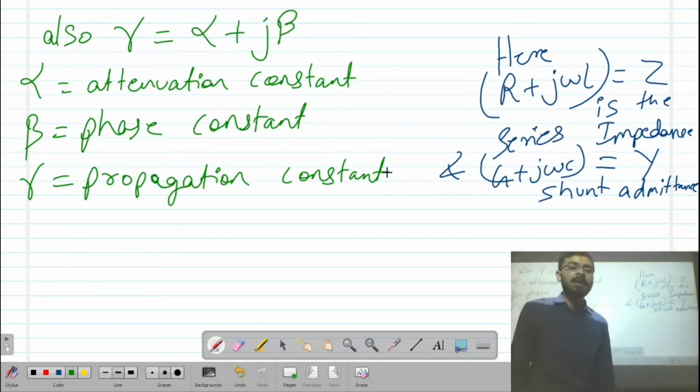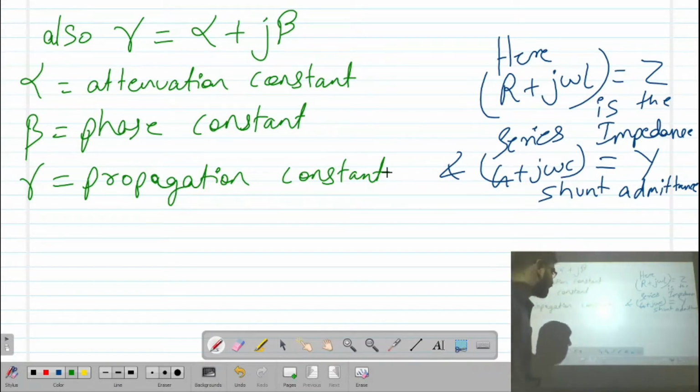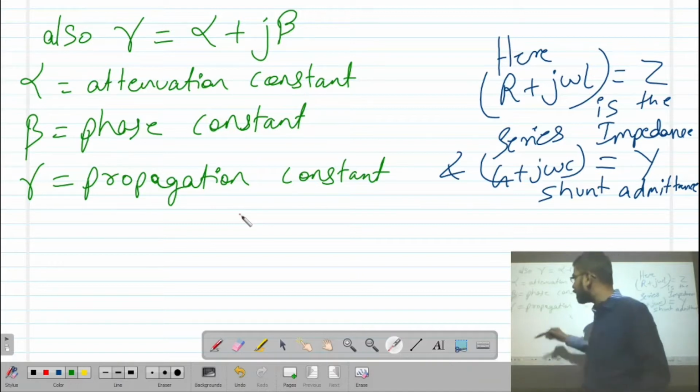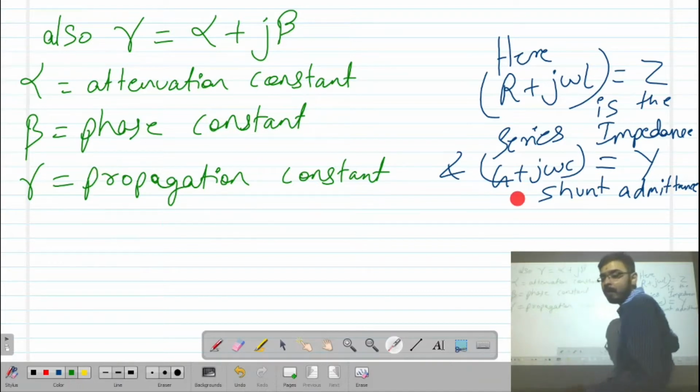Why do attenuation, phase constant and propagation constants come into picture? This comes into picture because the electromagnetic waves or the information signal is traveling from one point to another point.